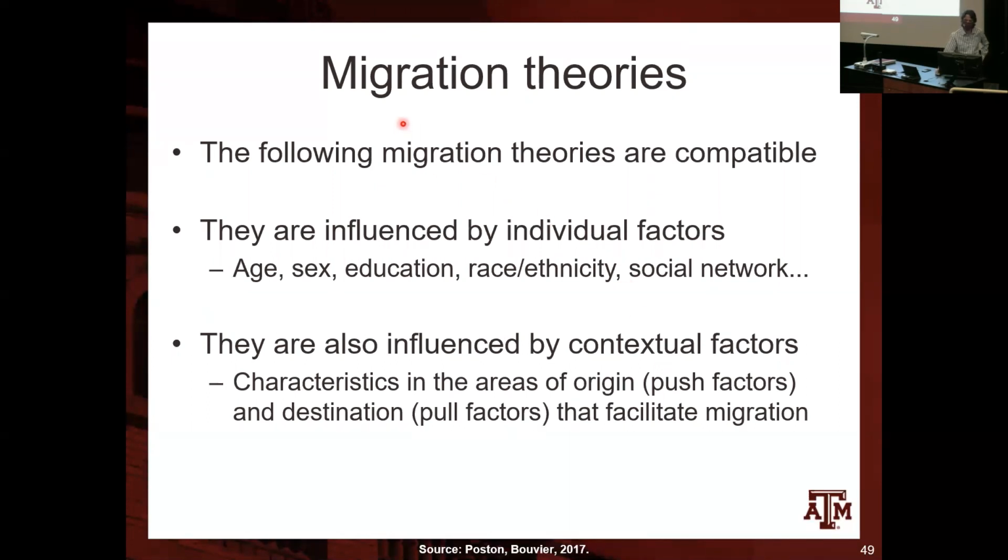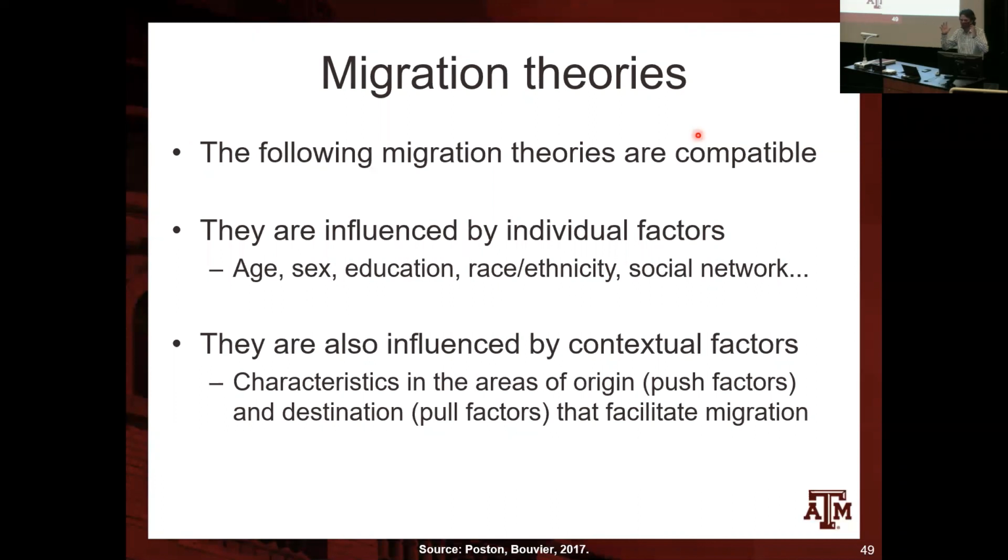And here I'm going to present in the next slide some migration theories that try to explain the reasons that people migrate. And what I want to emphasize is this: these migration theories are compatible. They complement each other. In some specific migration flows, some of these theories might be better to explain why people are migrating from one area to the other.